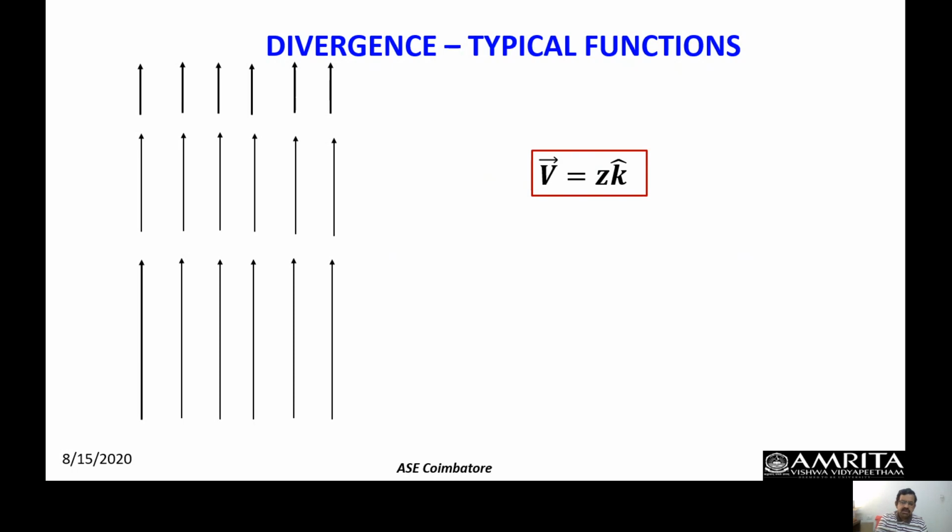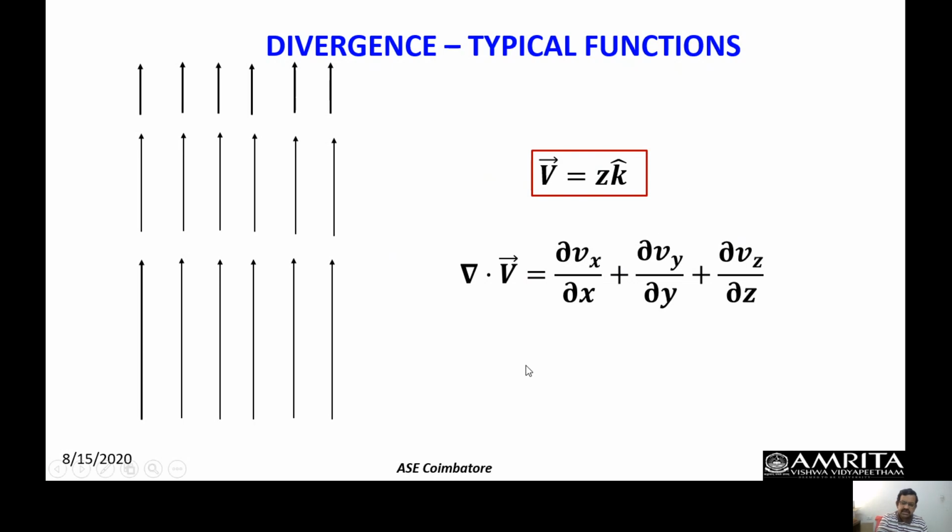Having said that, what is the divergence of this vector function? Now, because it is z k hat, there will be a divergence associated. So when the vector function is changing in magnitude, not necessarily in direction, you still can have divergence. The vector function is changing in magnitude, which means every point in space is associated with a different vector. They are not the same. So you have a divergence. Okay, so we took three cases. We took a radial function.